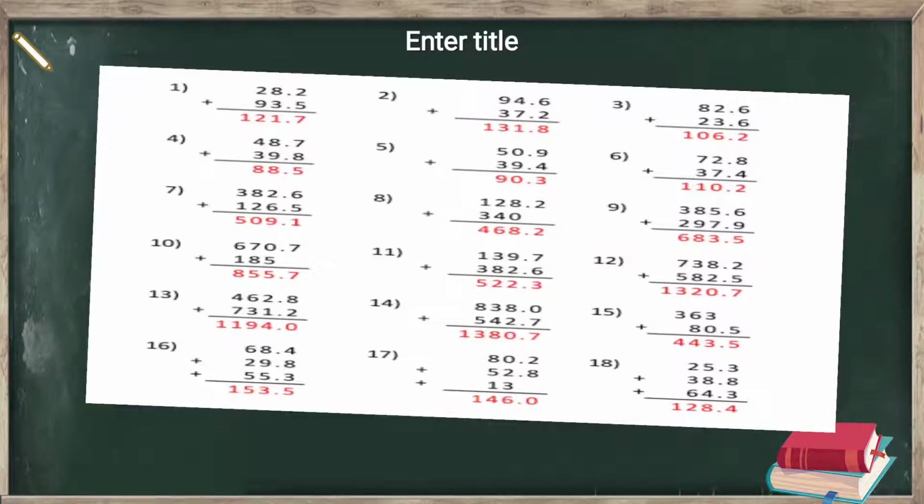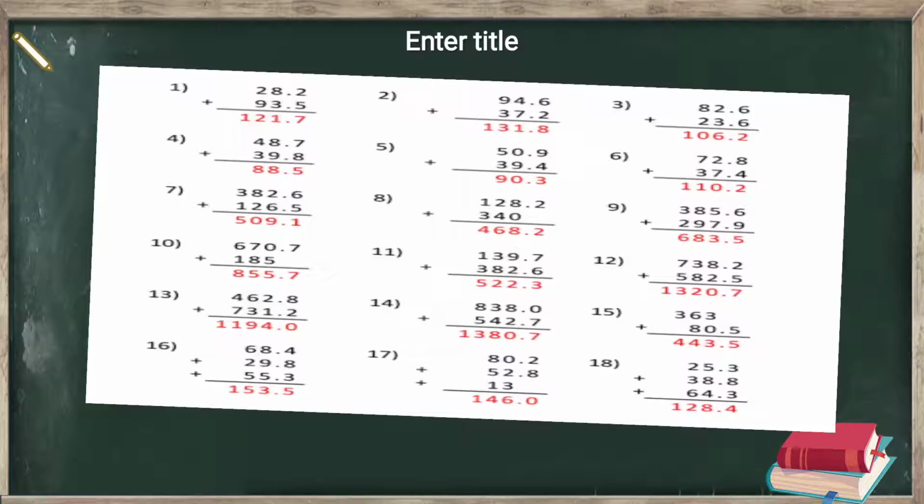Now if we want, we can insert a decimal and put 0: 363.0. Then what will be the answer? 0 plus 5, 5. 3 plus 0, 3. 6 plus 8, 14, 1 carry. 3 plus 1, 4. So the answer will be 443.5.